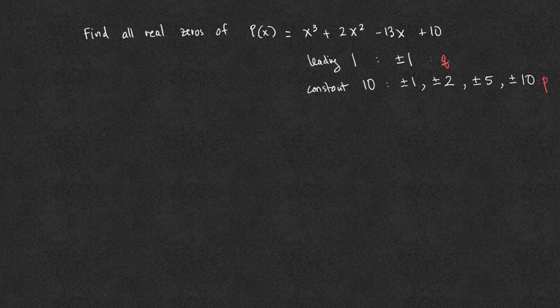The rational zero theorem says that the possible zeros, not the zeros themselves, are the ratio P over Q. This is a factor of the constant coefficient over a factor of the leading coefficient.